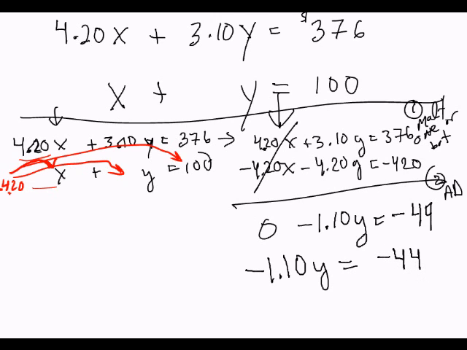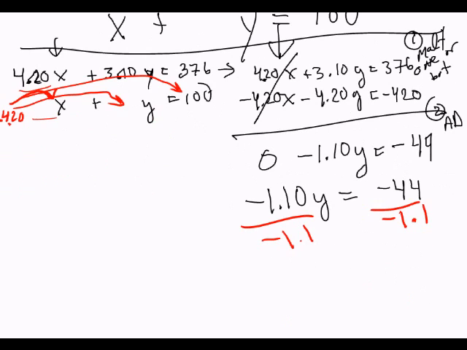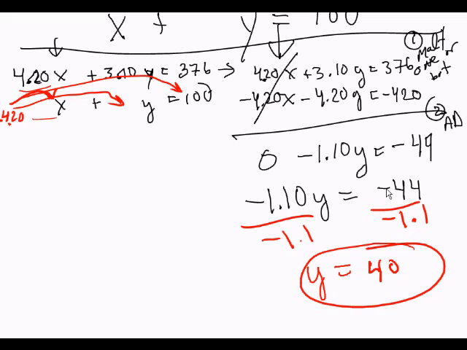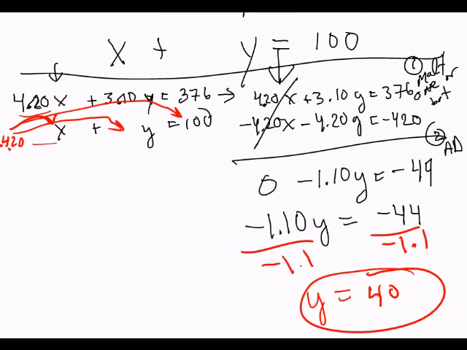So I have negative 1.10y equals negative 44. I want to divide both sides by whatever is next to the y, divide by negative 1.1, and we'll see what y equals. 44 divided by 1.1, and y equals 40 pounds.